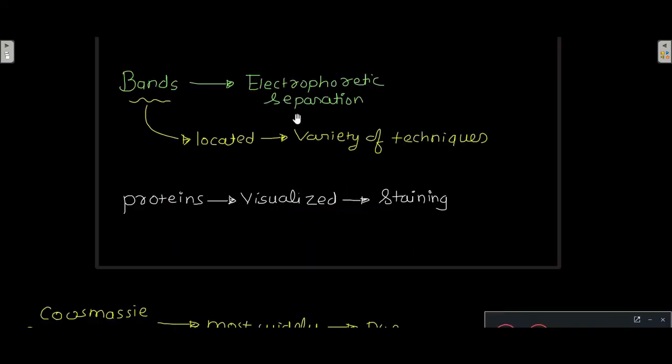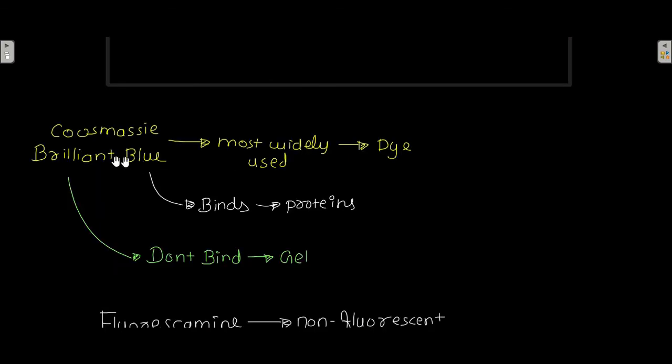Now the bands which are generated by the electrophoretic separation can be located by a variety of techniques. Okay, most of the time the proteins in the bands are visualized by staining. Now Coomassie Brilliant Blue, this dye is the most widely used dye, and it binds to proteins and doesn't bind to gel, and that is the reason why it is a very good option for viewing the bands.